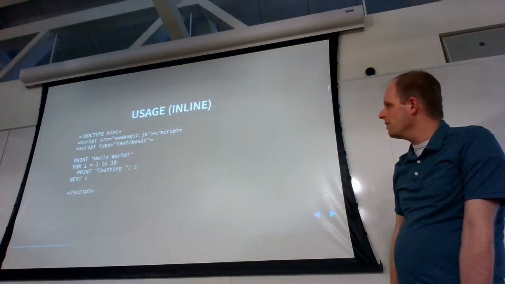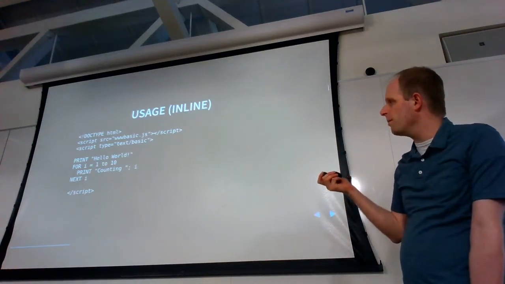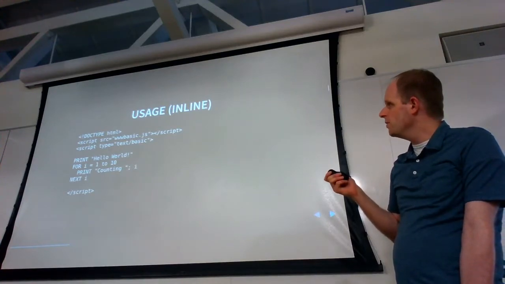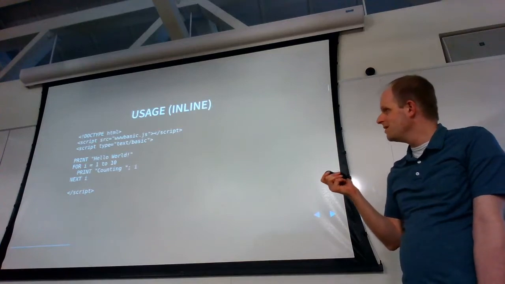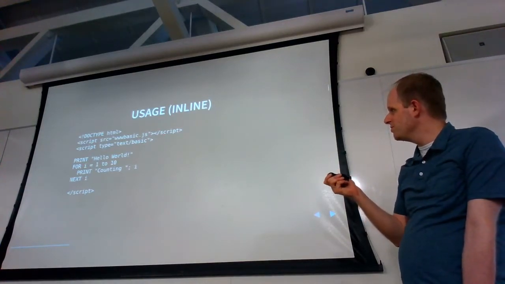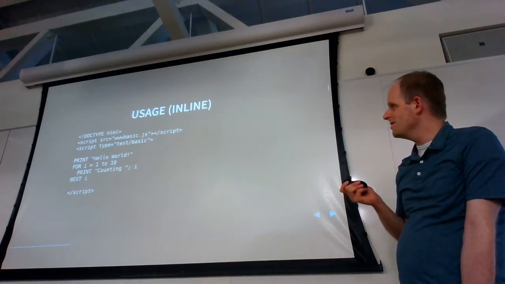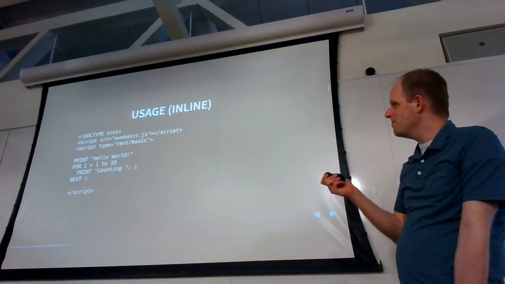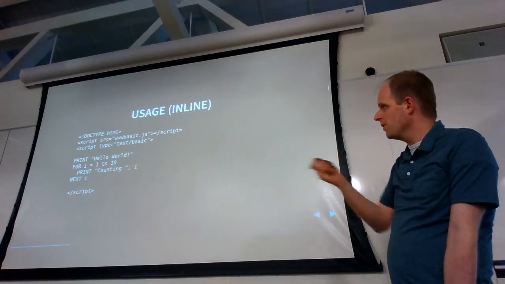So this is what I ended up with, where there are several modes of operation. One of the modes of operation, you can use it inline like this. You can have your minimal HTML file, and then you pull in the BASIC implementation, and then I use type text/basic to reference BASIC. Now, this has a whole bunch of problems that I'll get to, but at least on most browsers, it'll happily ignore this, and the interpreter can go in and reach out and do this.